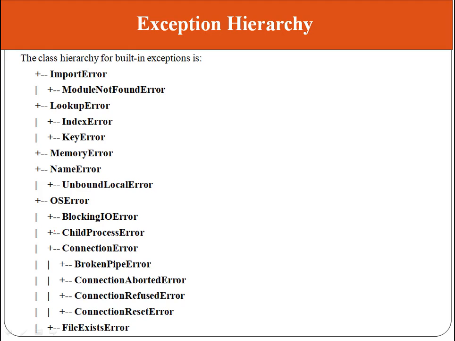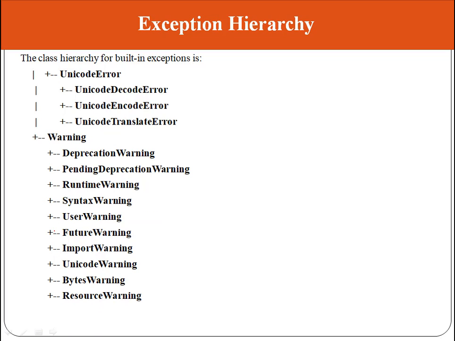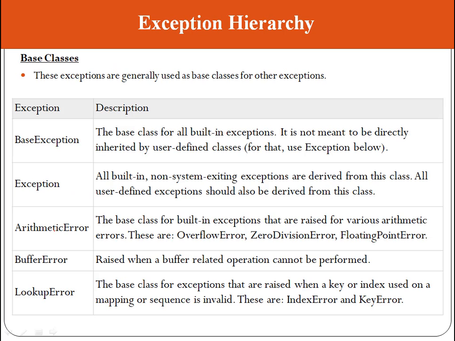This is another class hierarchy, you can just have a look at it. This is another class hierarchy for the built-in exceptions. This is another hierarchy for built-in exceptions. So these are the descriptions of all, you can go through them by yourself.